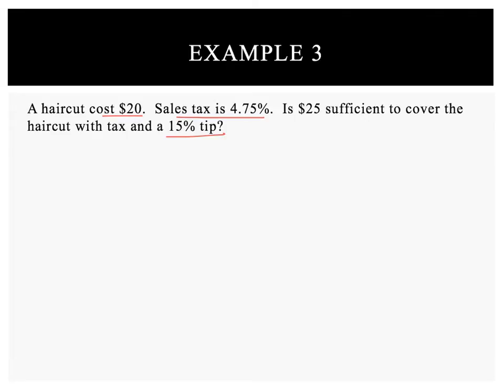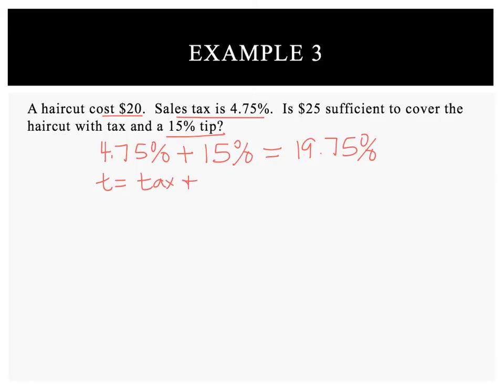So right now, I have a sales tax of 4.75% and a tip of 15%. If I combine those, I get 19.75%. Okay, so I can find the part and then add it to the whole, but I have to combine those things first. So remember, T is going to be equal to the tax plus the tip.